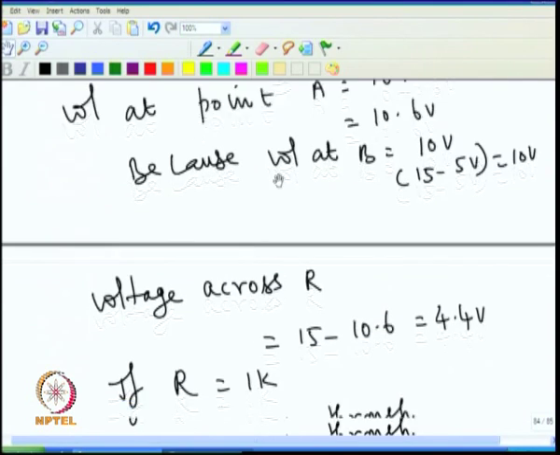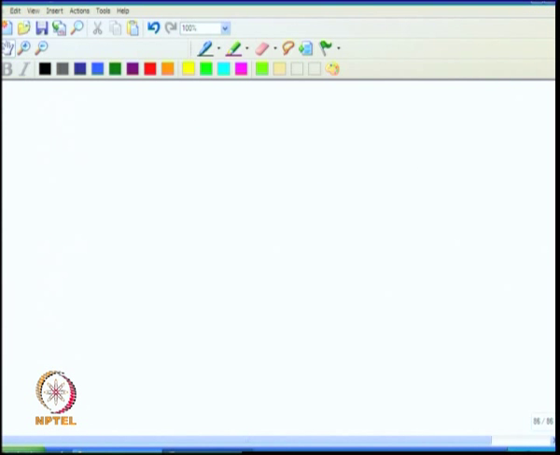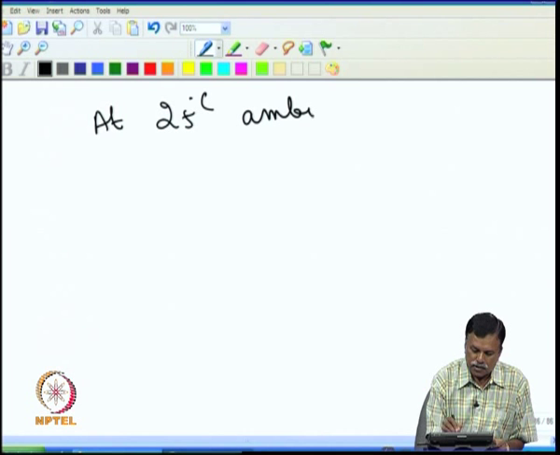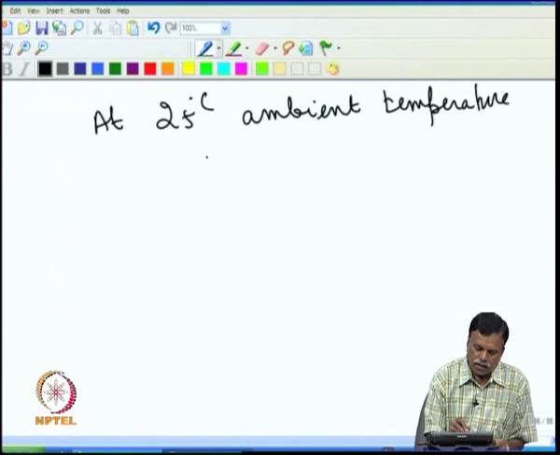So, assume that this 4.4 milliampere is at 25 degree C ambient temperature. I is equal to 4.4 milliamps.